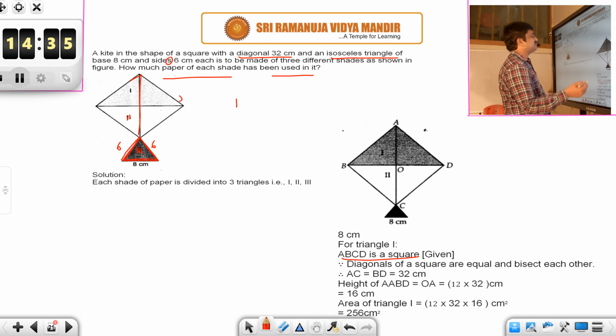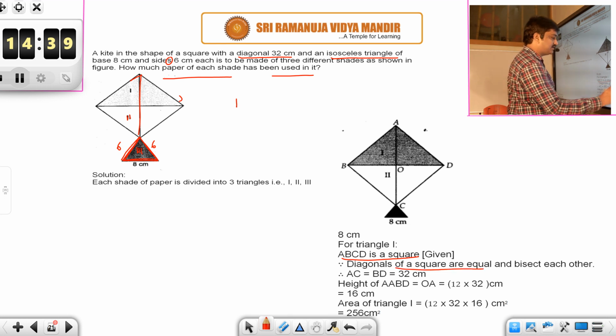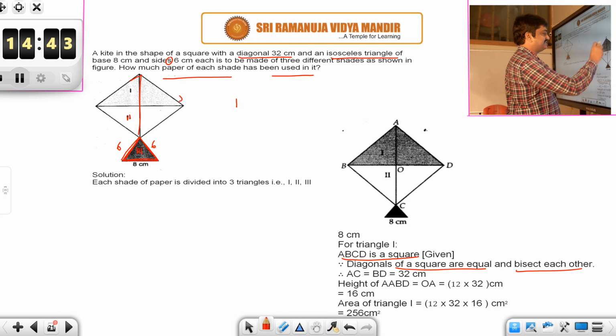And do we know the side length? No. Diagonals of a square are equal and bisect each other, right? So AC, the diagonal, is given as 32 centimeters. So BD will be 32 centimeters. So this is 32 centimeters.